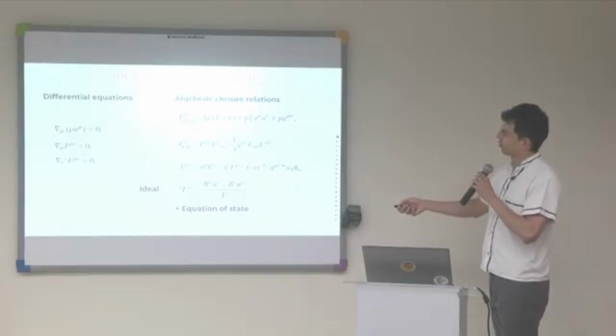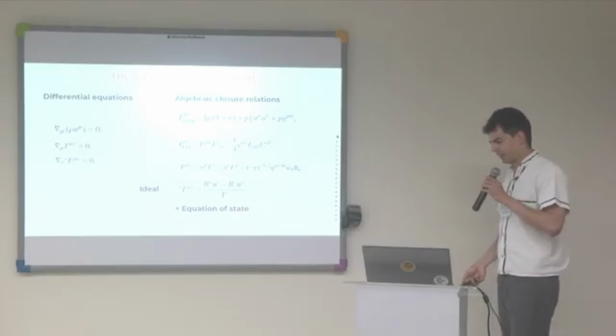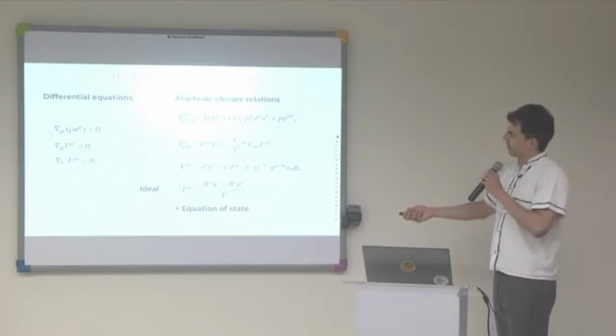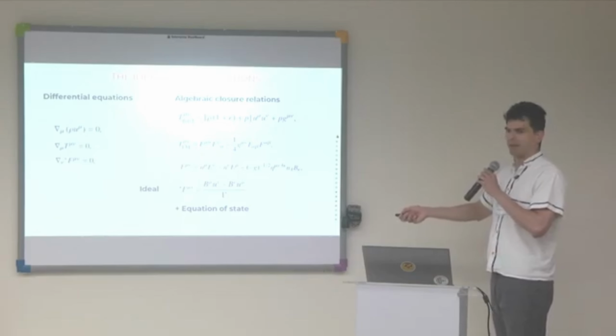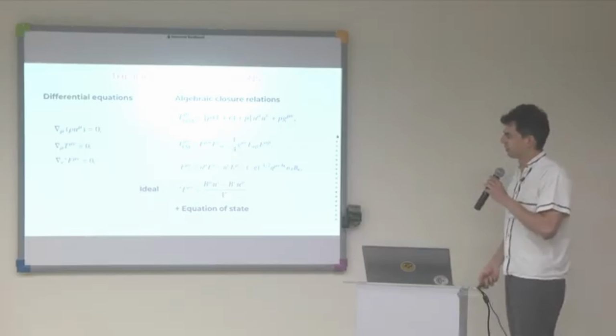So if one imposes the condition that in the fluid frame the electric fields are 0, the dual of the Faraday tensor is given by this expression, which has the 4 velocity of the plasma and the Lorentz factor.